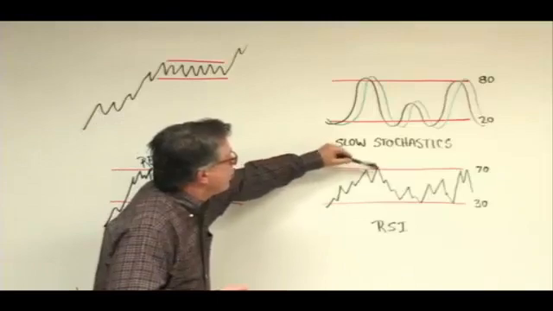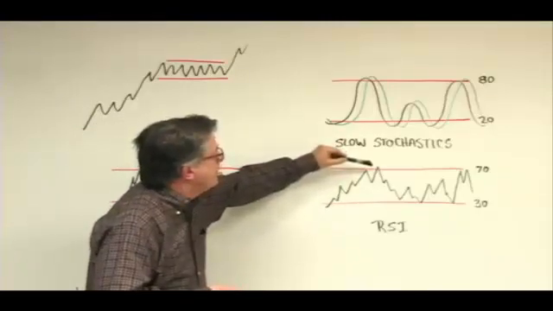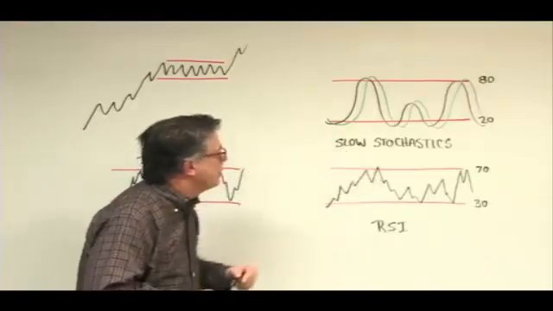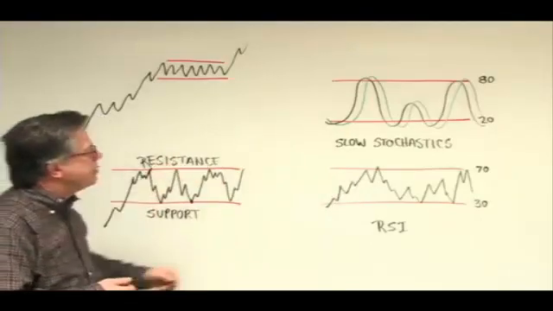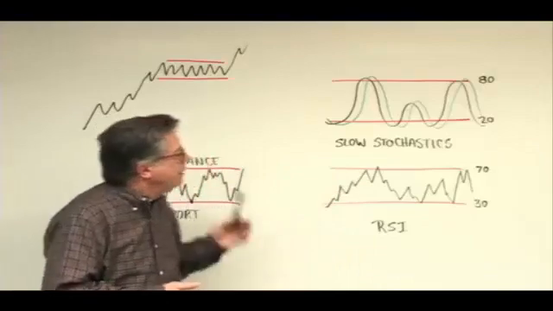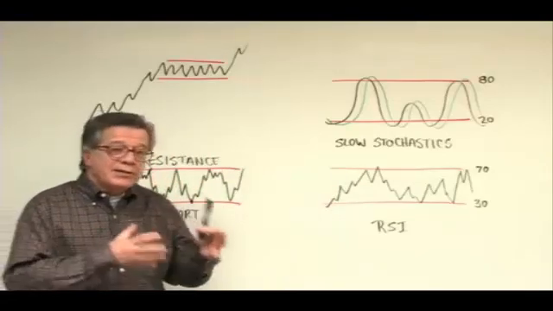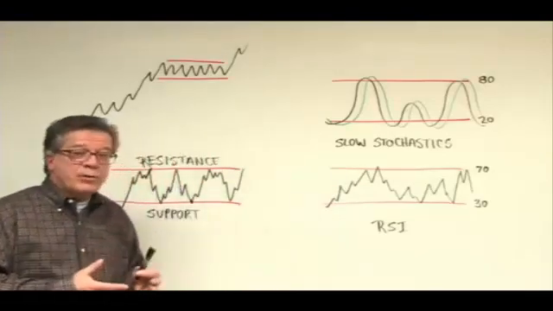And then shorting the pair would be, again, if RSI is above 70, closes below 70, and I'm at that point on a chart, that could be an indication to short the pair at that point, showing that bearish momentum is now in place and would favor a short position.